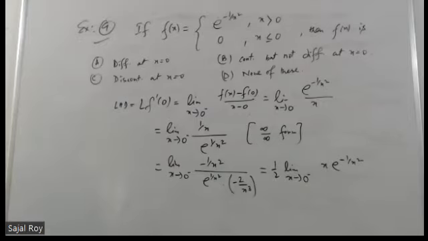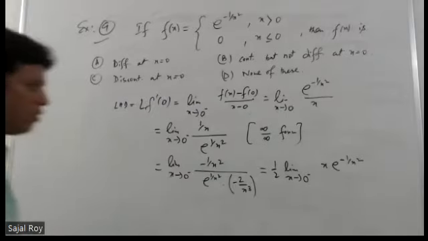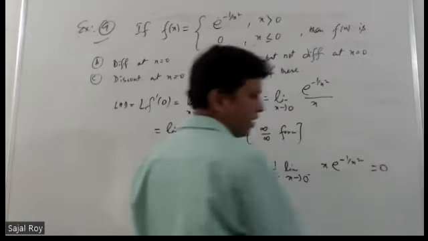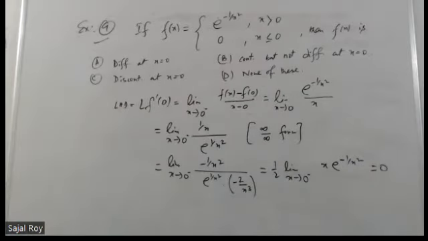What is the value of this limit? 0. Is that clear? The value of the limit is 0. Similarly, the right hand limit is also 0.